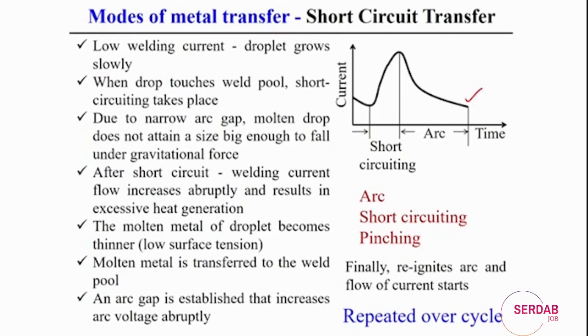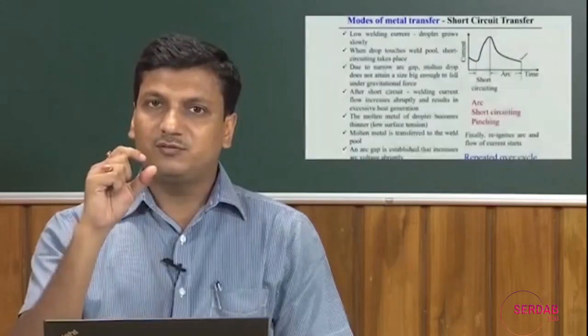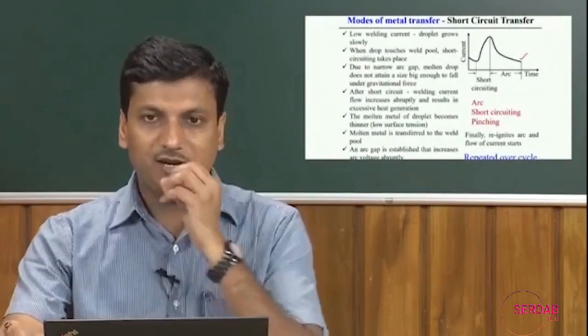Short circuit metal transfer can be characterized by three basic components: one is the creation of the arc, then short circuiting, and then pinching. Pinching means that, due to the pinch effect, the molten droplets are detached from the electrode.